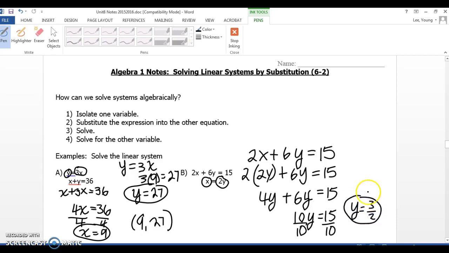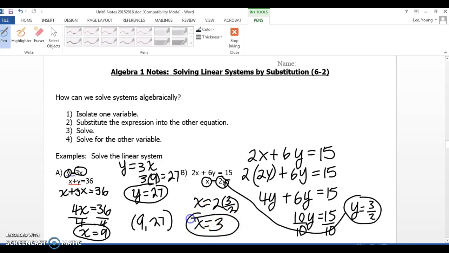Once I get the y value, I can substitute right here so that I can solve for x. x is equal to 2 times 3/2, which is 3. So x is 3, y is 3/2.